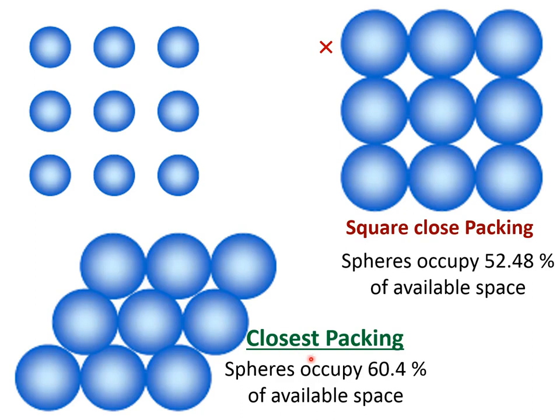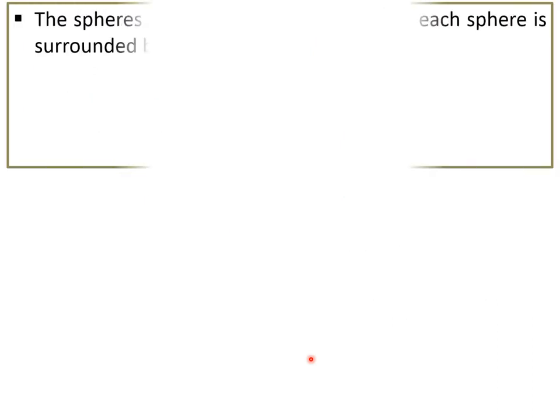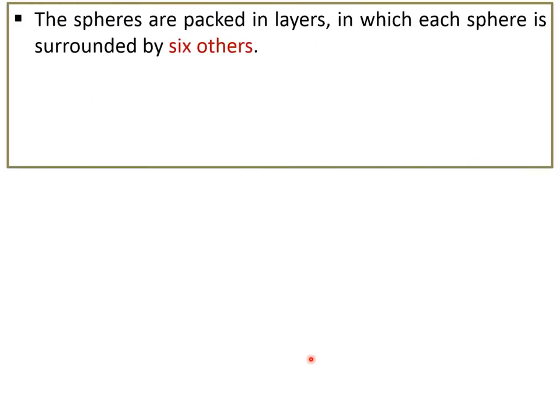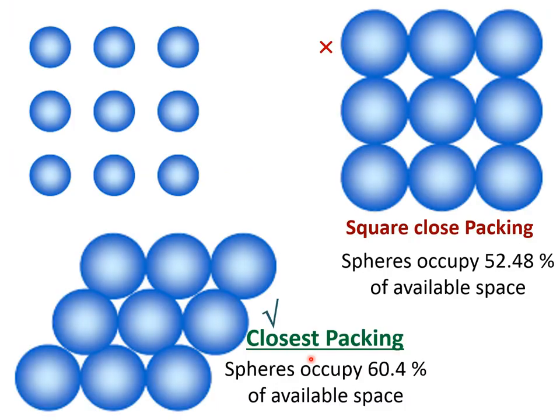So the spheres are packed in layers in which each sphere is surrounded. So in the packing this way, even if you go to this slide here, okay? How many atoms are attaching the atom in the middle here? You may count here. How many atoms? 6 atoms attaching the one in the middle, right?